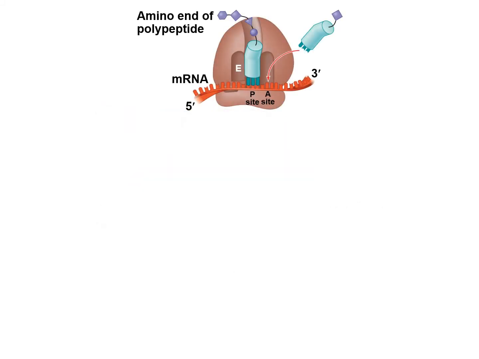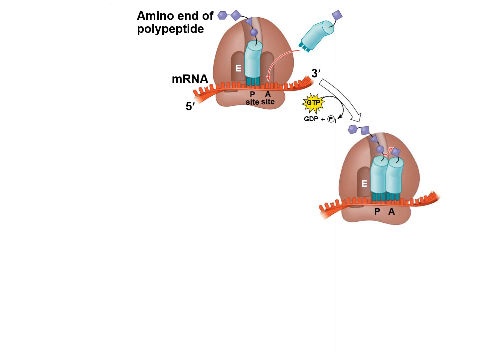Here's the figure from your book, incoming aminoacyl tRNA, that's why we call it the A site. The peptidyl tRNA, it has a peptide on it now, is in the P site. Comes in, we hydrolyze a little bit of GTP to transfer that peptide over to that new amino acid coming in.